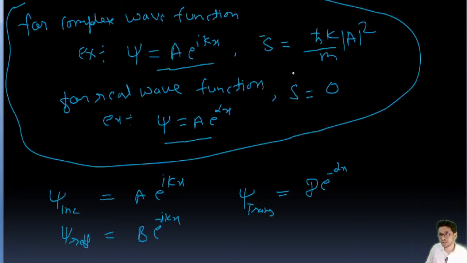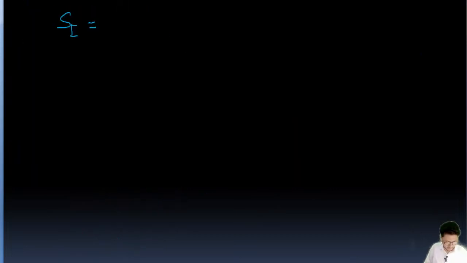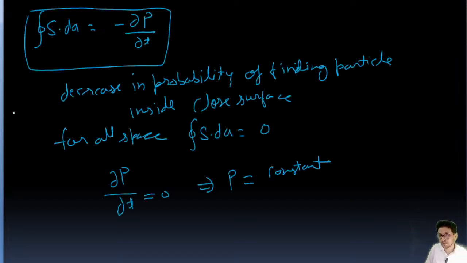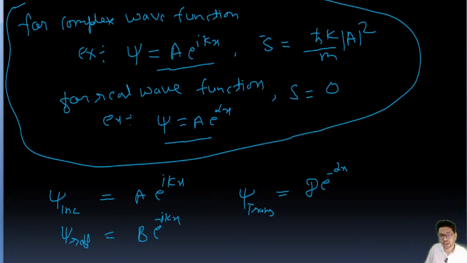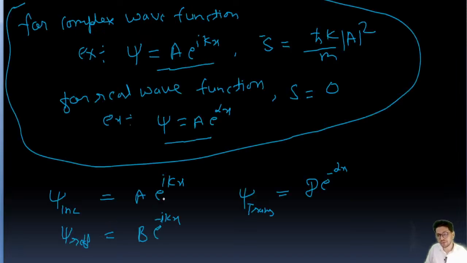From here we will find S incident. S incident is going to be from this formula: because the wave function is A e to the power iota kx, it is going to be h cut k upon m mod A square, because this is a complex wave function.